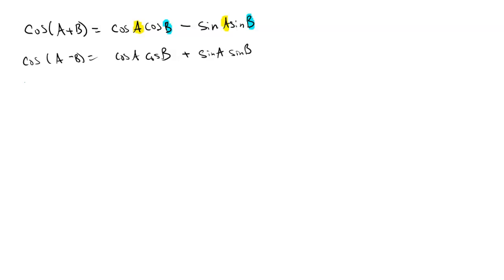Now, how can you remember this? We can sing it to the tune of Happy Birthday, if you remember that tune. Basically in words, we are going to sing: change the sign. Happy birthday to you. So we can say cosine, cosine, sine, sine, change the sign.